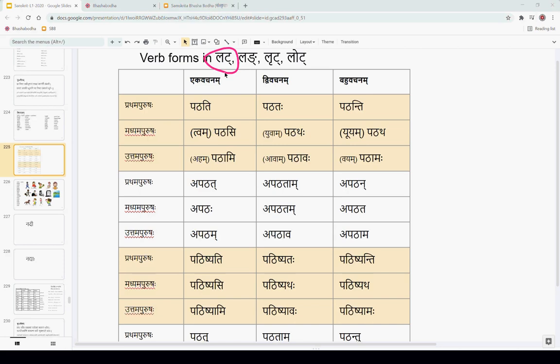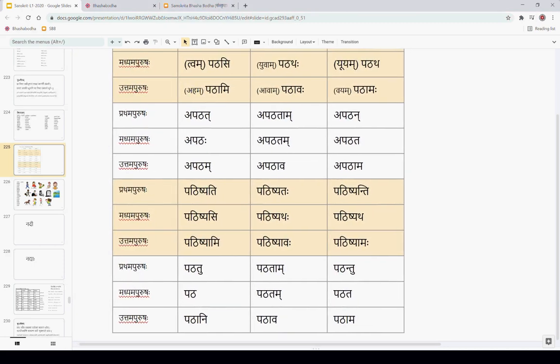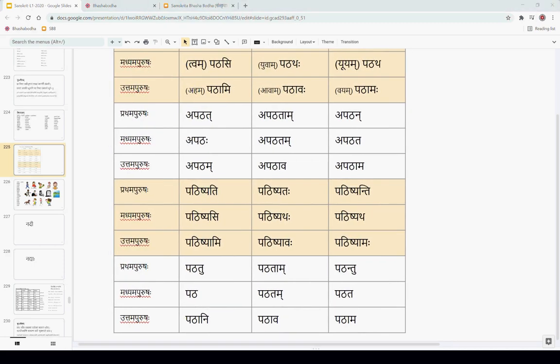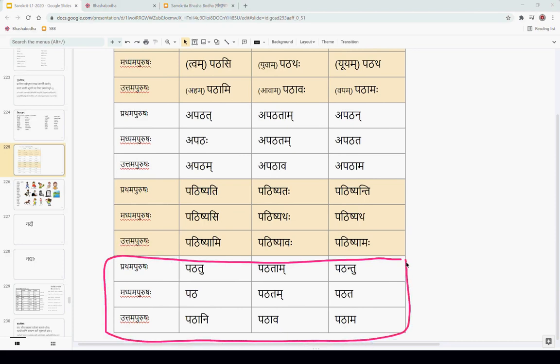Now we will look at Lot Lakara, which is again useful for our Prayoga or usage. So the last 3x3 matrix, this table, the forms here are shown in Lot Lakara.